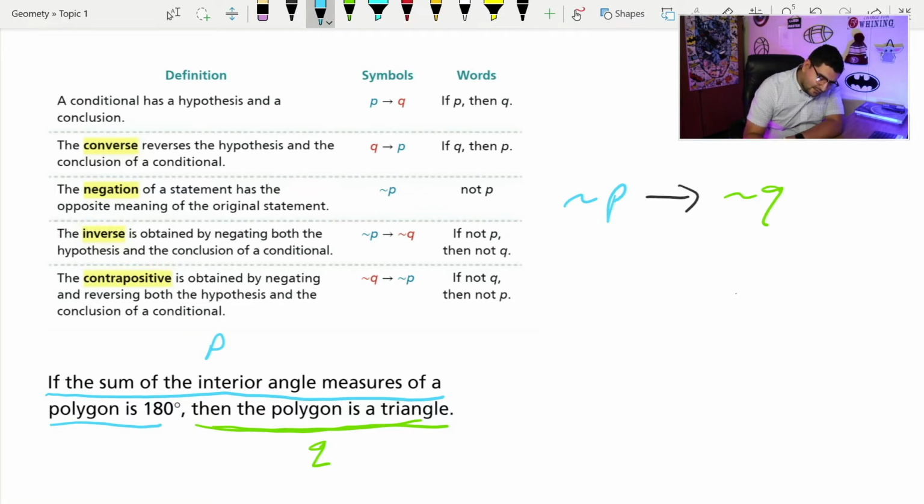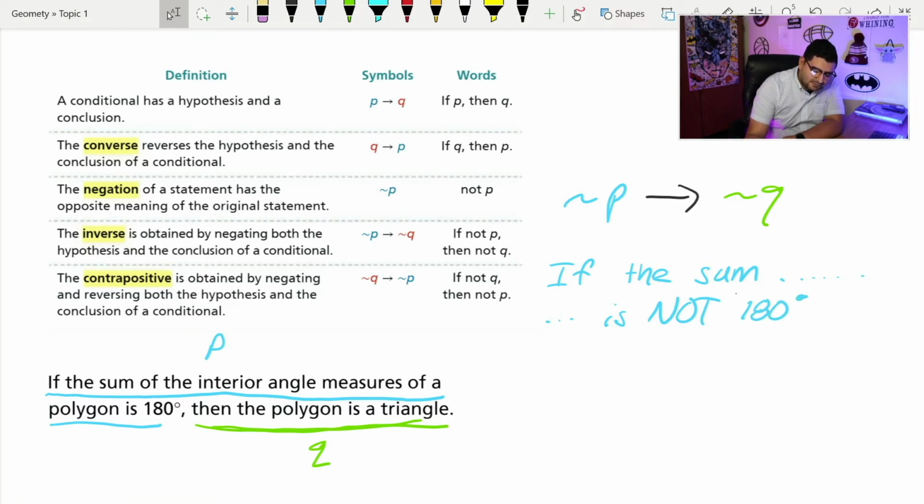Instead of saying that the sum of the interior angle measures of a polygon is 180, I would say is not 180. So if the sum of the interior angle measures of a polygon is not 180, then I would begin my conclusion.